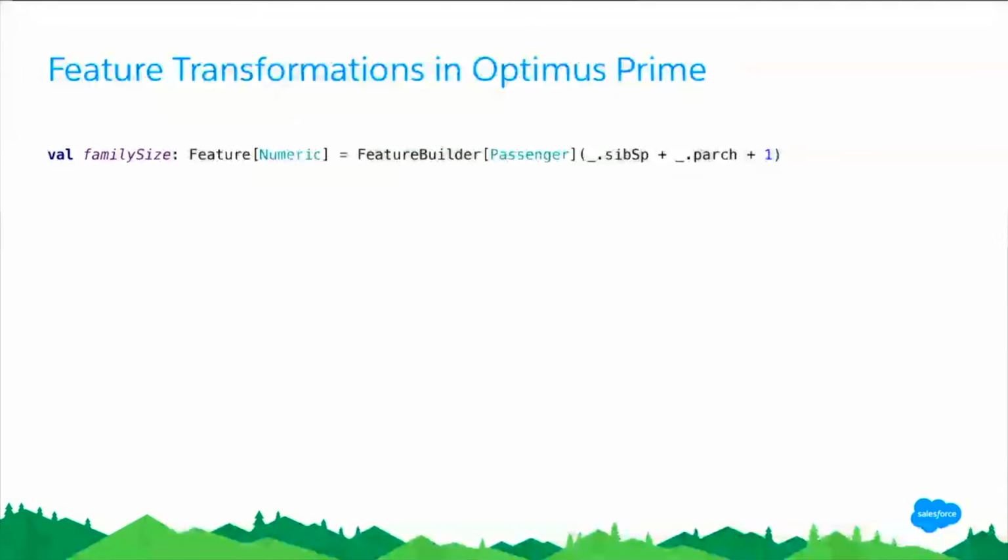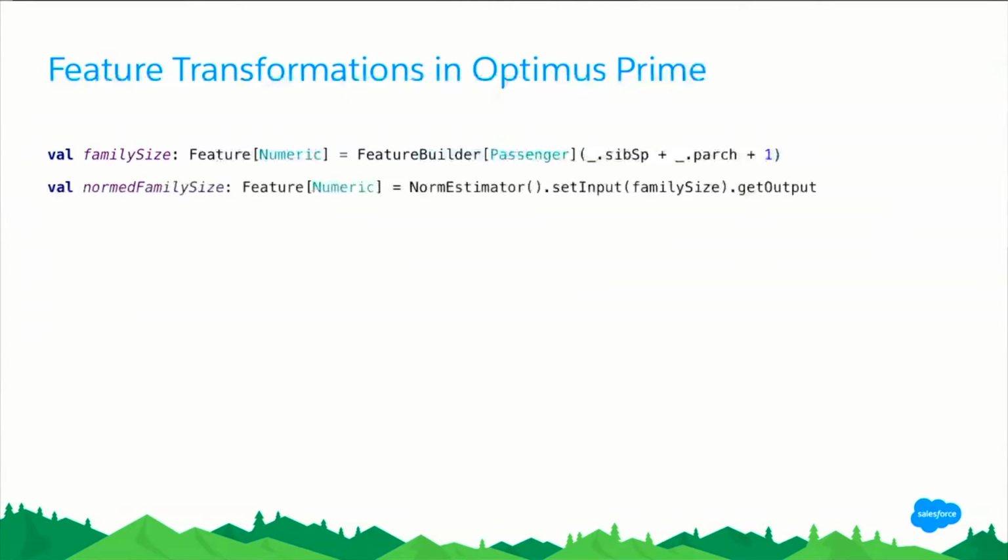All right, so in contrast, in Optimus Prime, I would create a new normalizer where I set the input column to be the family size column. But the nice thing here now is that I have a val. The family size is a val. There's no chance I'm going to make a mistake when I'm referencing it. And the other nice thing is that because family size is this strongly typed numeric feature, I can create these nice set of transformer shortcuts.